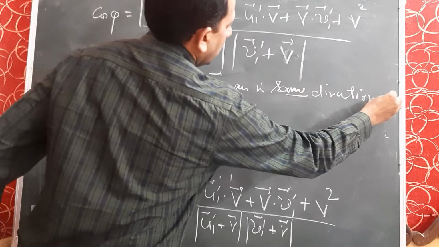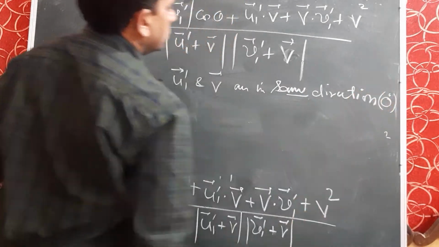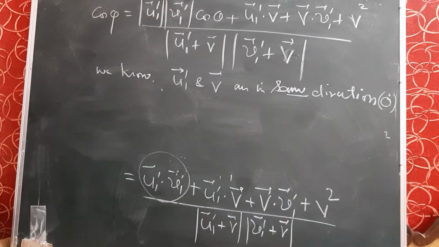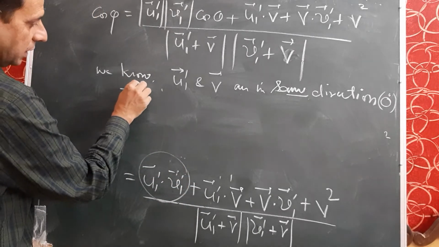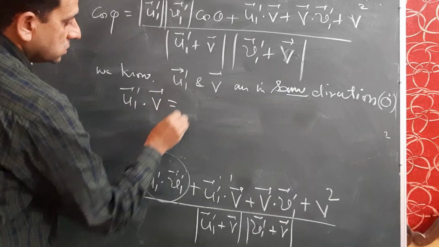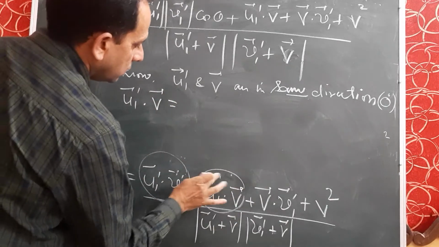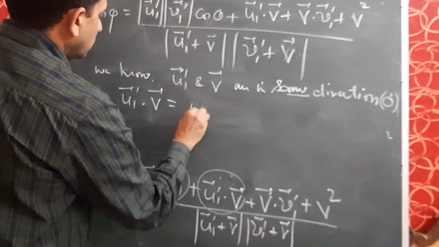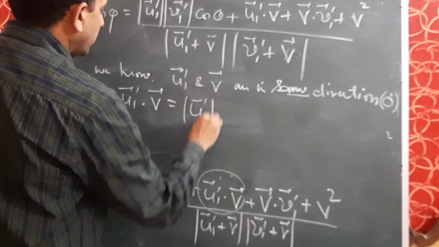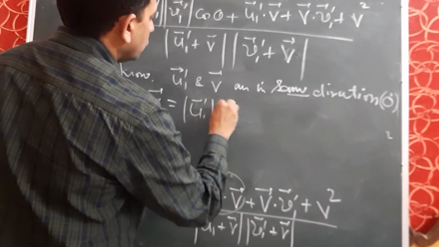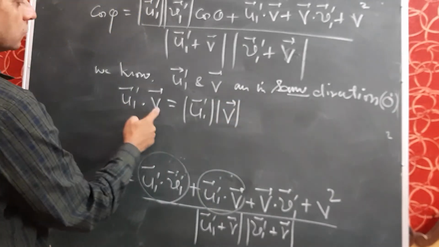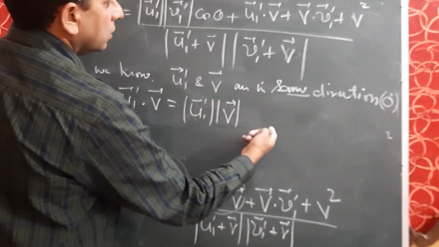Same direction means the angle between these vectors is 0 degree. So therefore, this term u1' dot V, because the angle is the same, will become u1' magnitude into V magnitude into cos of 0, and cos 0 is 1.